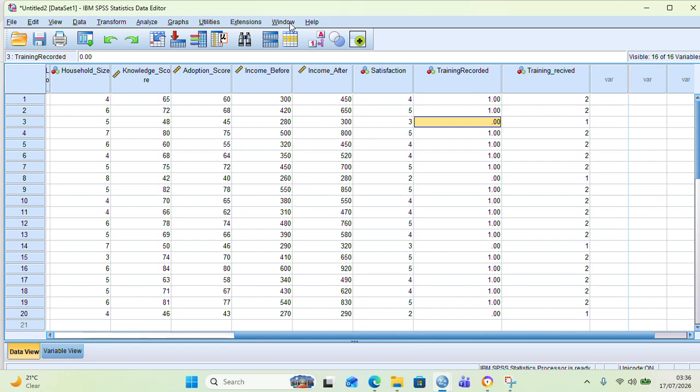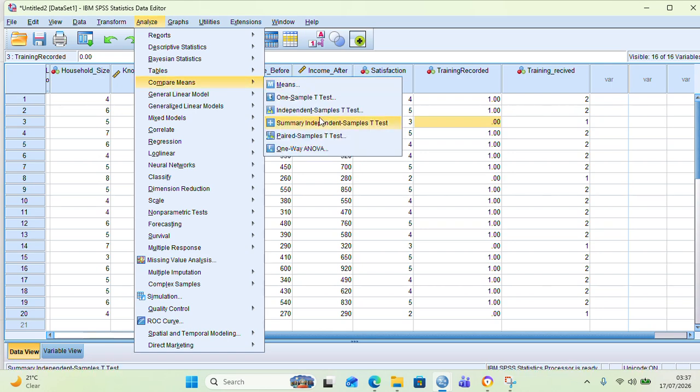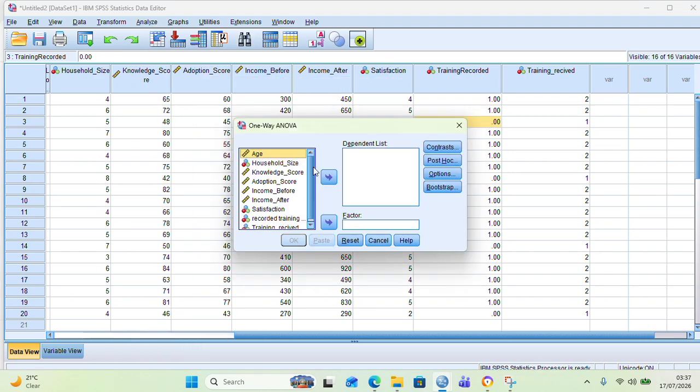So now that we know what one-way ANOVA is, we can proceed to do the analysis. In this data, we have data for income, and then we also have educational level, which has three categories. So we are going to use that one. We go to Analyze, Compare Means, then we have One-Way ANOVA.